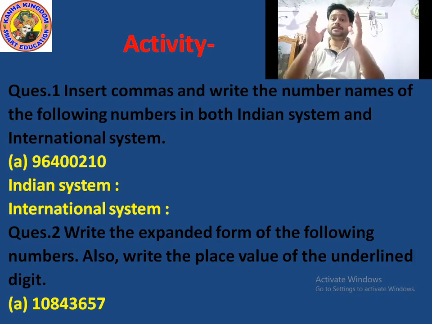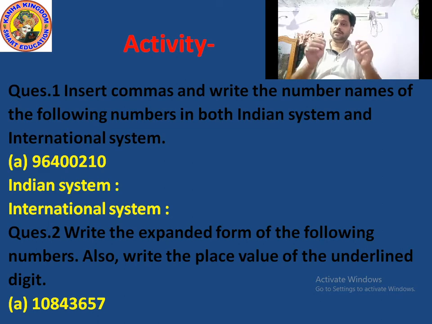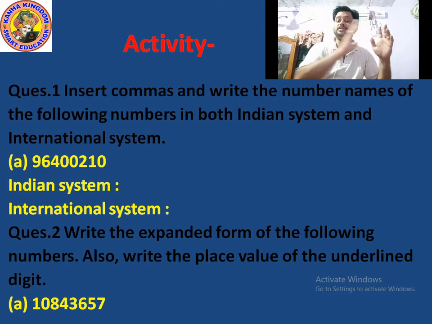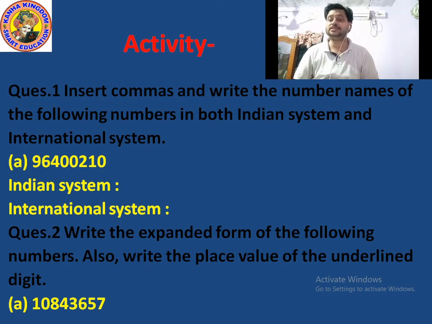This is the Indian system. Now you move to the international system. In the international system there are 3 periods: ones period, then thousand period, and then millions period.